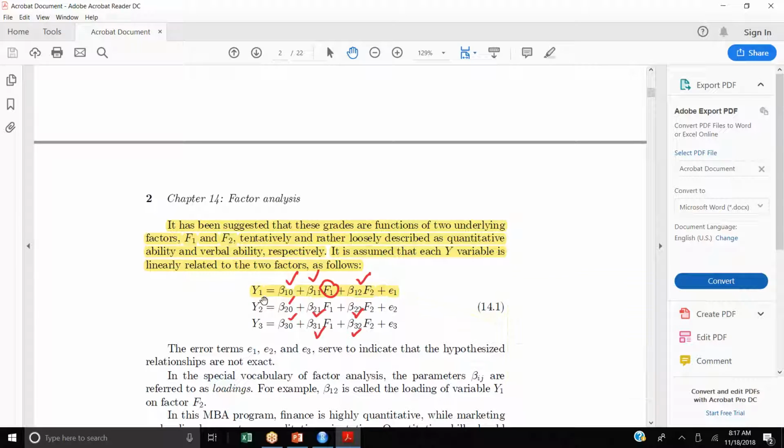And the score Y1 is a function of F1 and F2. Y2 should also, because we are saying only there are two dimensions that define all these three scores. So I should be able to rewrite Y1 as a linear function of F1, F2, Y2 as a linear function of F1, F2, Y3 as a linear function of F1, F2, but with some error, because we know there is an error here.